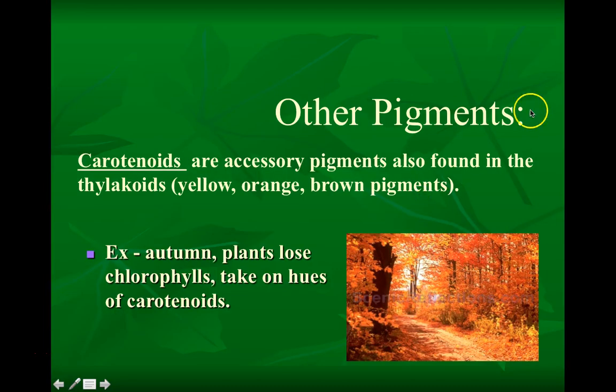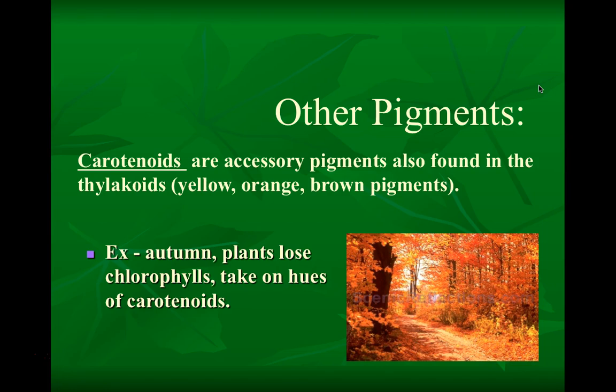Another accessory pigment are the carotenoids. These pigments are unable to be seen when chlorophyll is present, but during seasonal times such as autumn or fall, when the chlorophyll starts to break down and is not as present, other pigments like carotenoids are able to show. So again, they're not absorbing colors like yellow, orange, and brown.